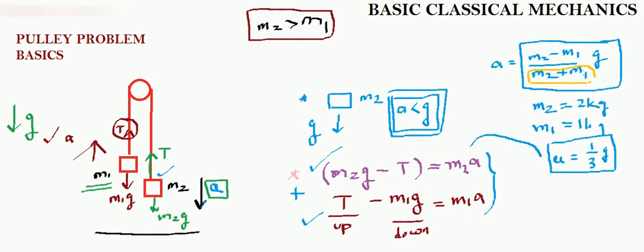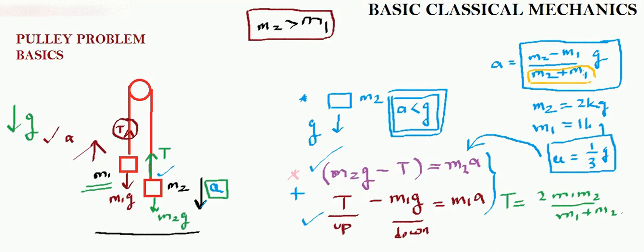Similarly, putting the value of acceleration a here, you can calculate the tension that is in the string. Amazing, right? This is quite amazing. You can actually calculate the invisible tension in the string, and this can be easily found by putting the value of the acceleration a in either of the two equations, and you can easily find the value of tension as 2 m1 m2 divided by (m1 plus m2), times g.